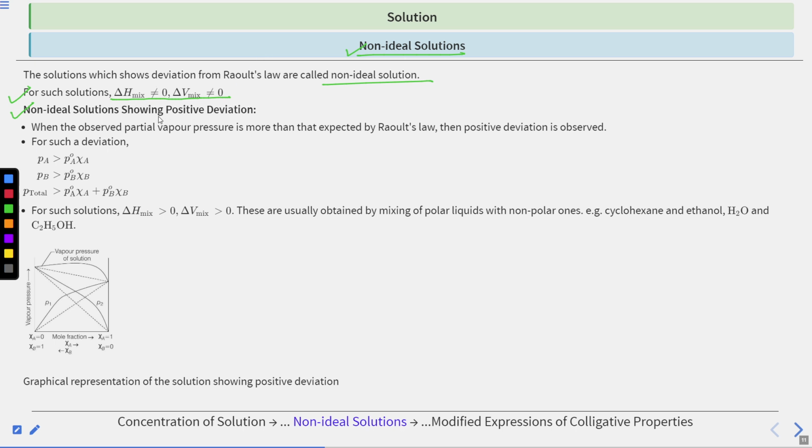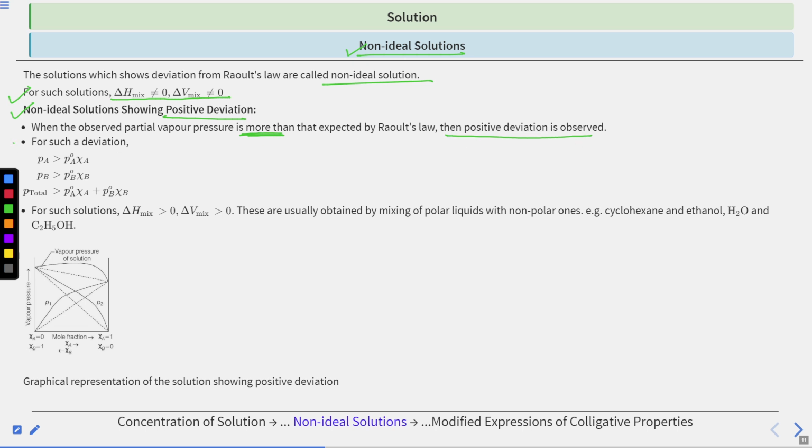Non-ideal solutions show positive deviation when the observed partial pressure is more than that expected by Raoult's law. So if we calculate the vapor pressure according to Raoult's law, and the observed partial pressure is more than the expected, then positive deviation is observed.